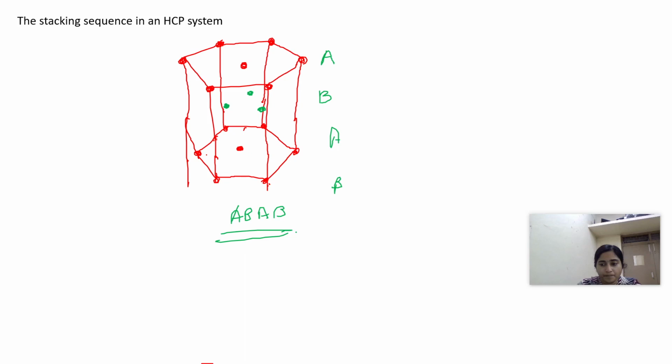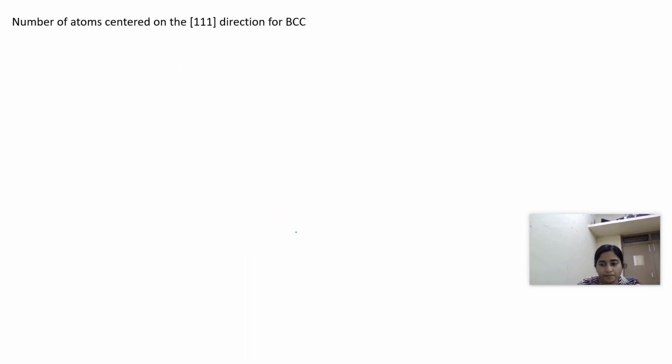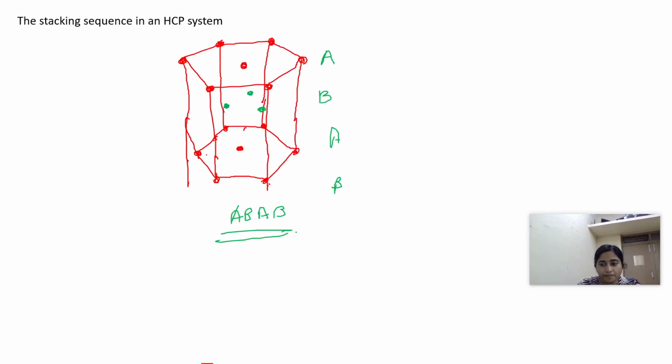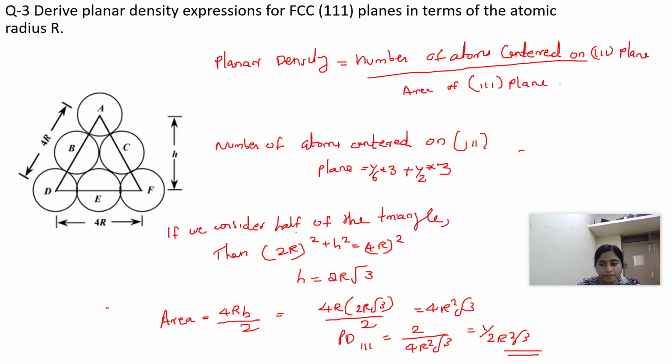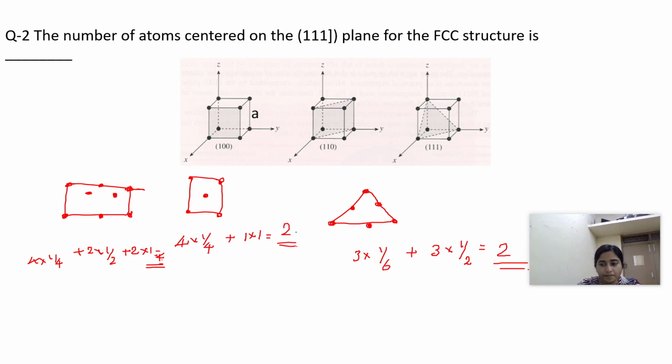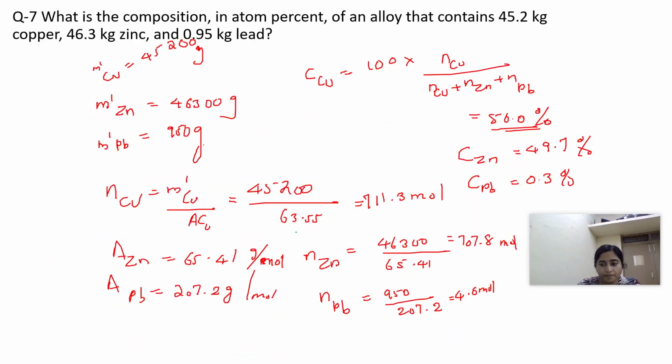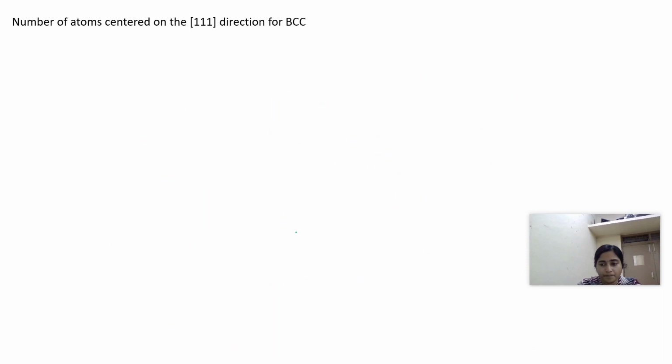Now, can you try the next question? Number of atoms centered in one plane direction of a BCC. Here I am asking BCC because the first question we tried was in FCC. So in a similar way you can try it for BCC also, and please let me know what the answer will be.